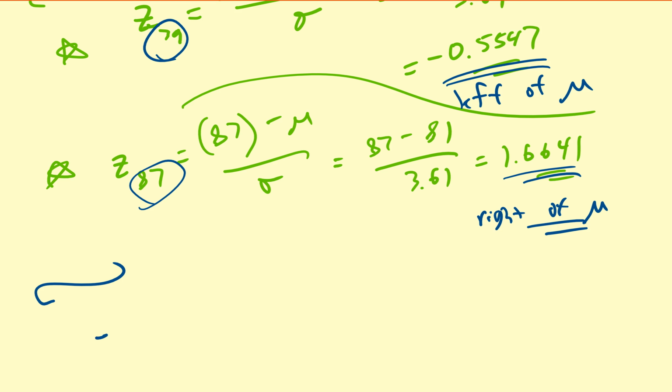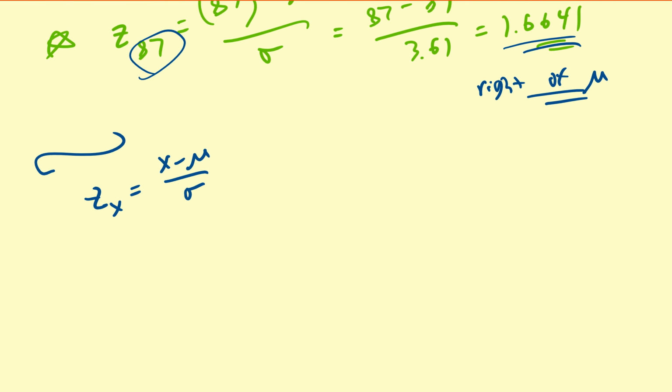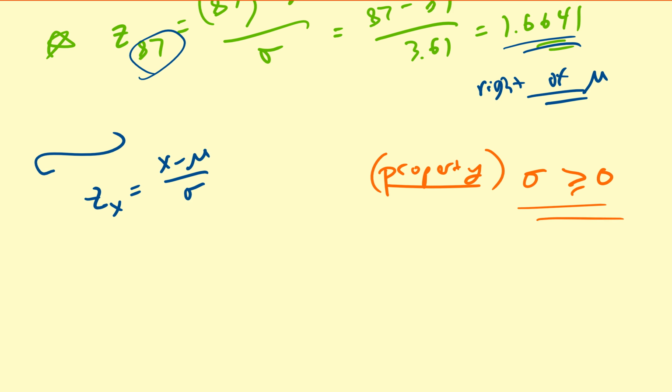Our formula is z of x is equal to x minus mu divided by sigma. Recall, one property of the standard deviation is that it is always bigger than 0. Well, technically always bigger than or equal to 0, but equal to 0 is a special case. But nonetheless, it is never negative.